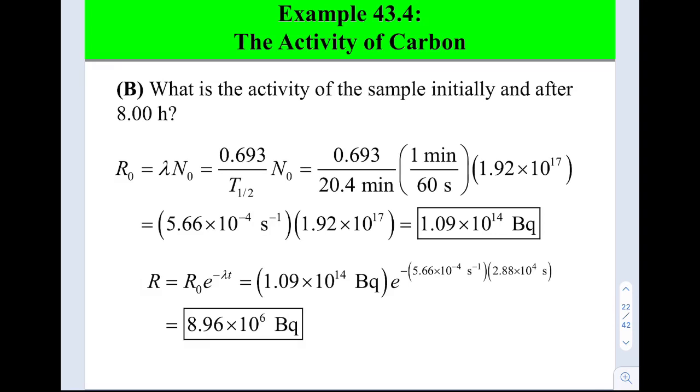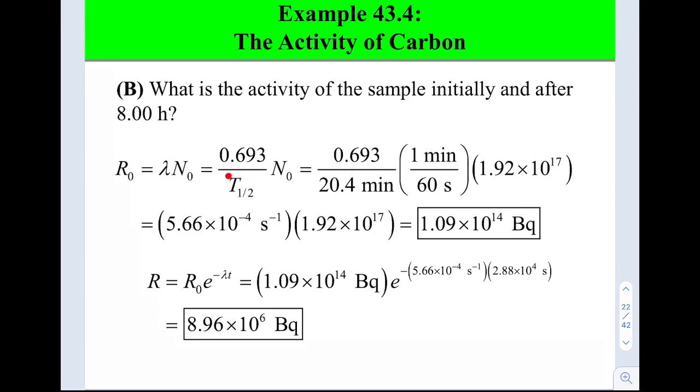B. What is the activity of the sample initially and after 8 hours? Initially, the activity, or decay rate, or radioactivity, is equivalent to lambda N naught, and we know that lambda itself is ln 2 over T half.